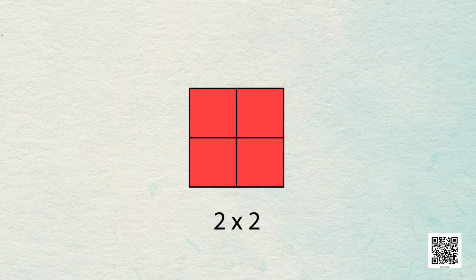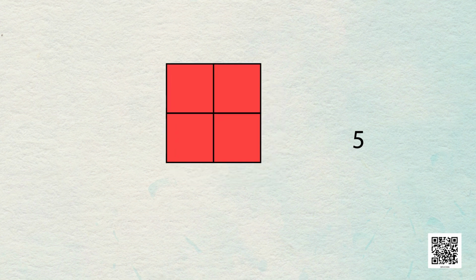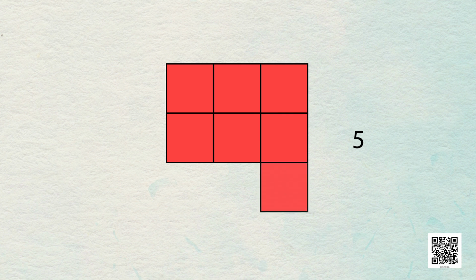Similarly, the next odd number is 5. So, what do we do? We add 5 squares to this figure. Let's see. 1 square, 2 squares, 3, 4 and 5.